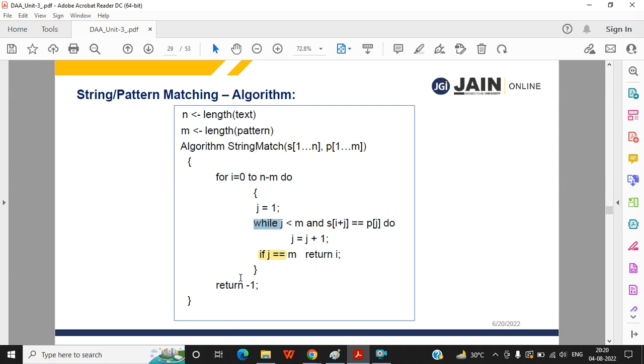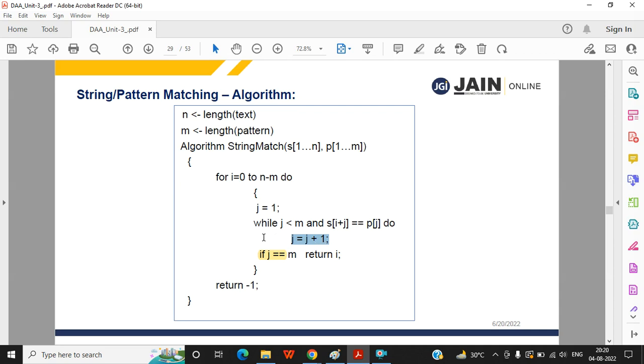So the chance of executing the maximum number of times is the inner loop statement. We are interested in finding how many times this statement will be executed. If we can find that, that will be the time complexity of this algorithm.